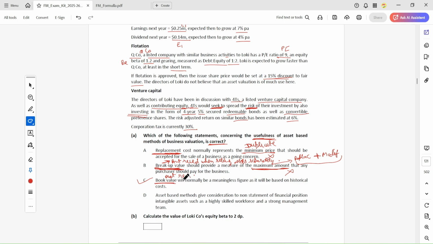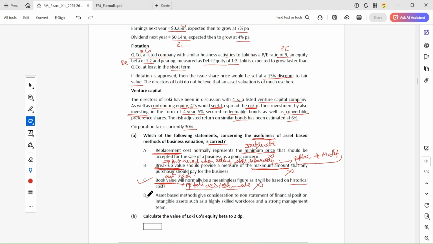And this book value can change with the accounting policies and estimates. It is based on historical values, and it can be manipulated by accounting policies and estimates.